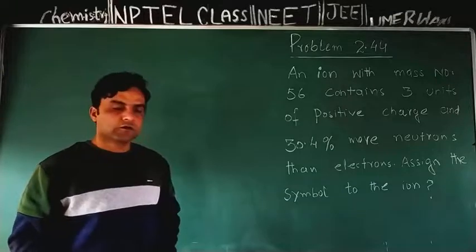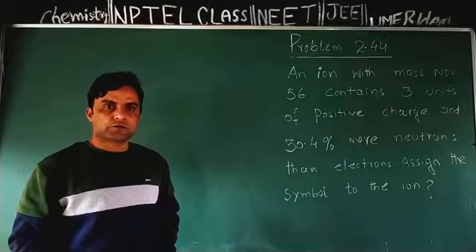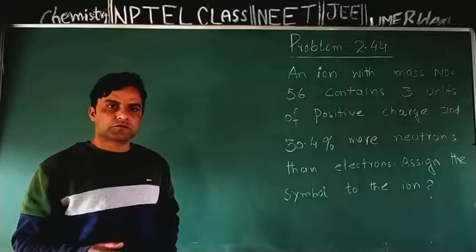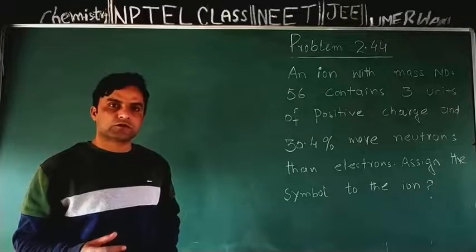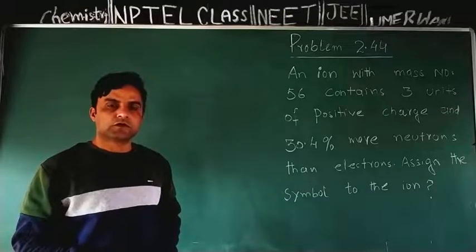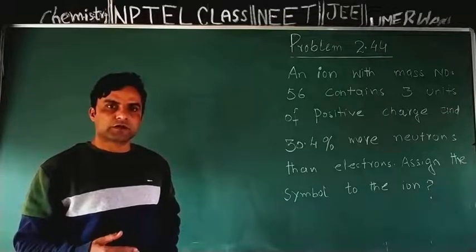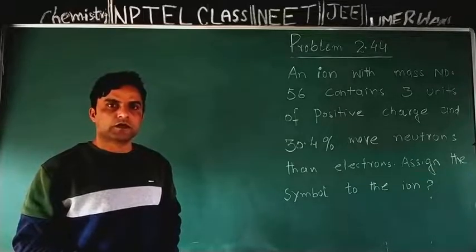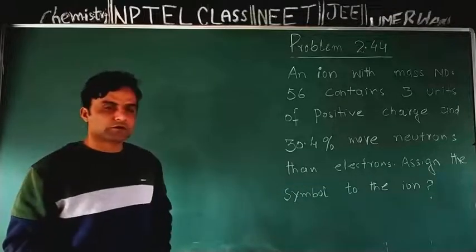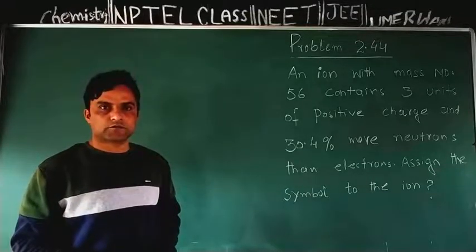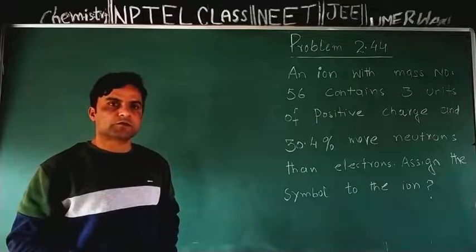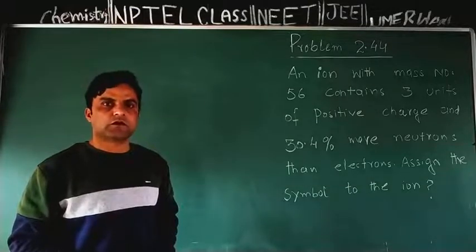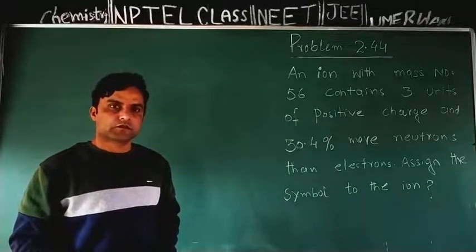So here problem is, we have to do homework. Homework is we have to find the atomic number of element which forms tripositive cation, and on basis of atomic number we will write symbol of this ion.